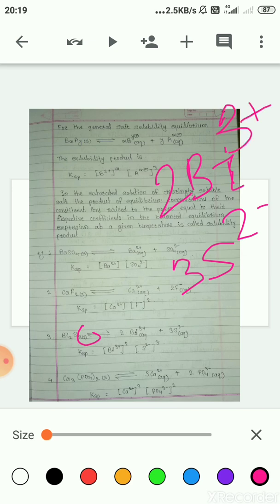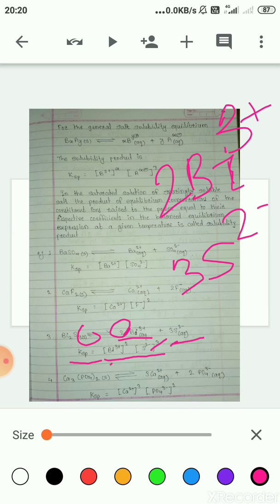You can use the crisscross rule to calculate the valencies of the ions, and therefore the equation is Bi2S3 solid gives 2Bi3+ and 3S2- in aqueous solution. Therefore we can write Ksp is equal to concentration of bismuth 3+ to the power 2 into concentration of sulfide S2- to the power 3.